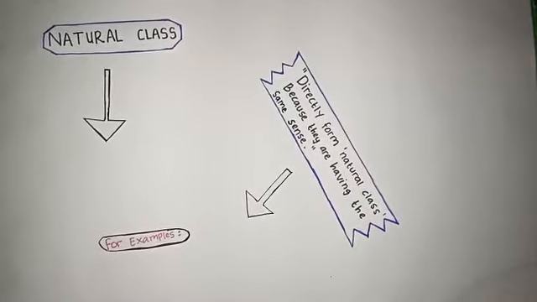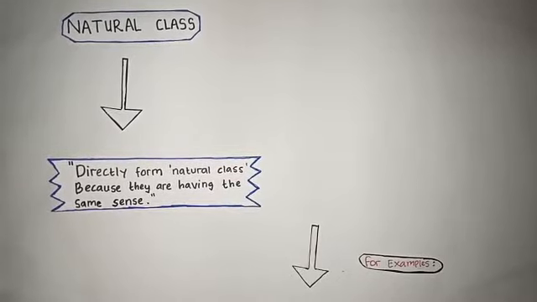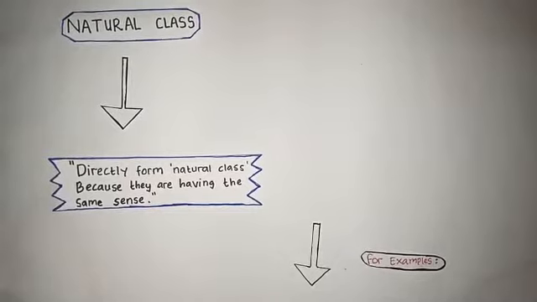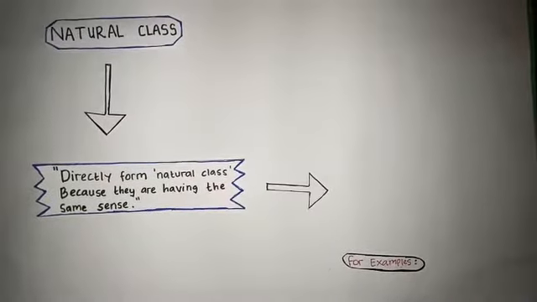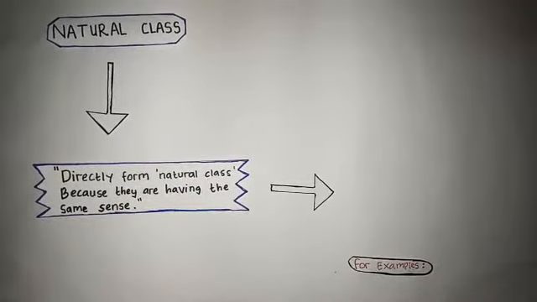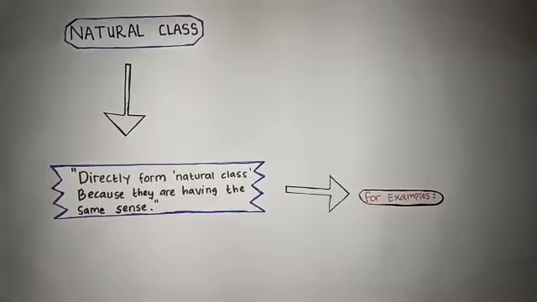There is natural class. Natural class is directly from natural class because they have the same sense. For example, verb 1 eat, verb 2 ate, verb 3 eaten, verb ing eating.